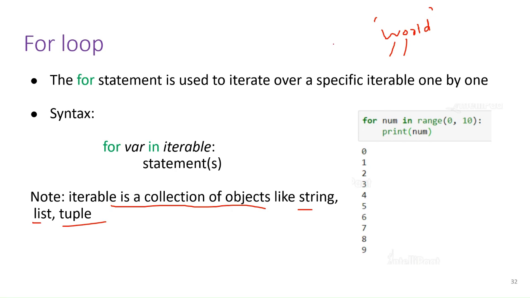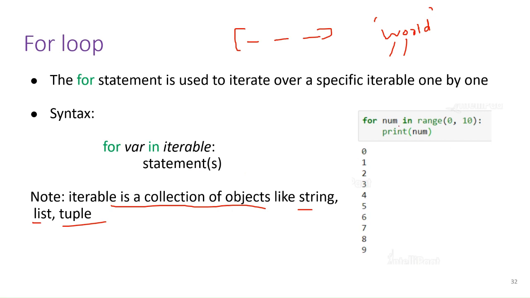Similarly in a list, first item, second item, you can take like that. A tuple also. So this is known as iterable. We can iterate through the loop using these iterables.